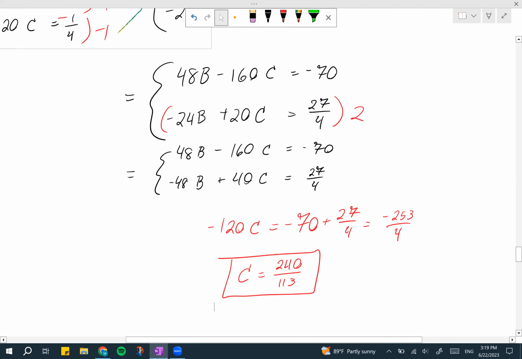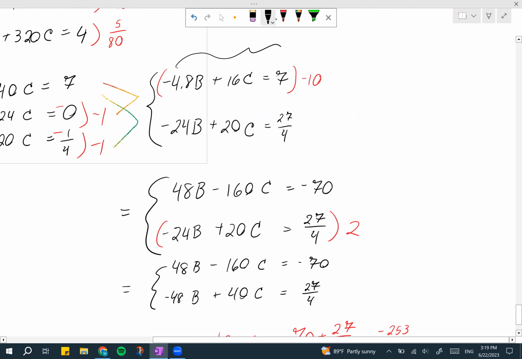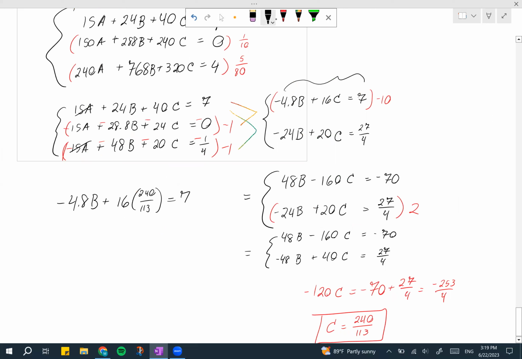Now to find b, I'm going to look at this expression right here. So we had negative 4.8b plus 16 times our c, we just found our c was 240 over 113, equals 7. Alrighty. 16 times 240 divided by 113 is 33.9823 and some change. Minus 4.8b equals 7.